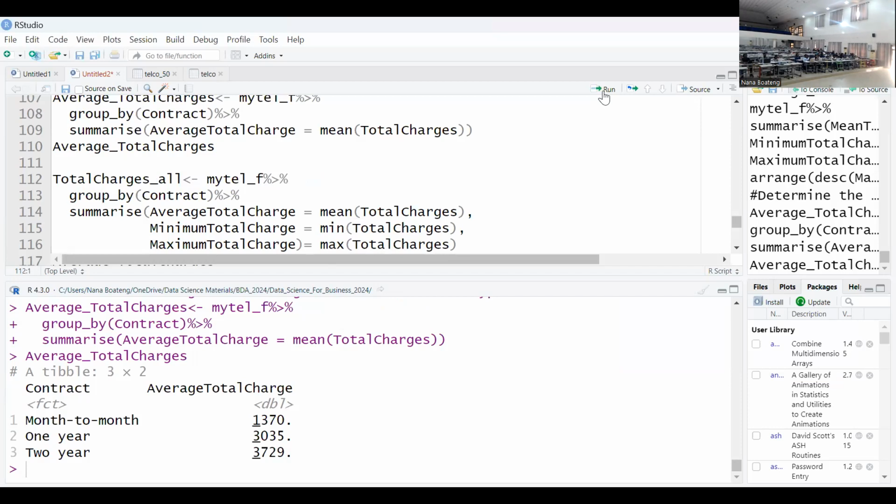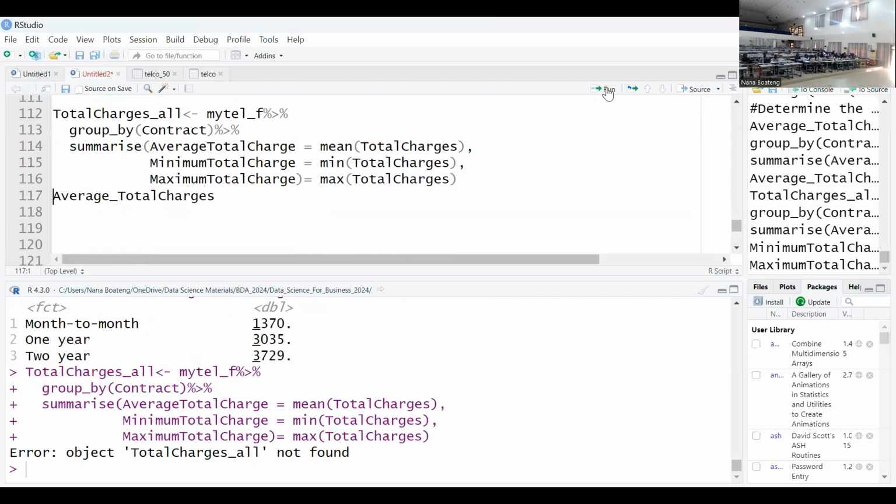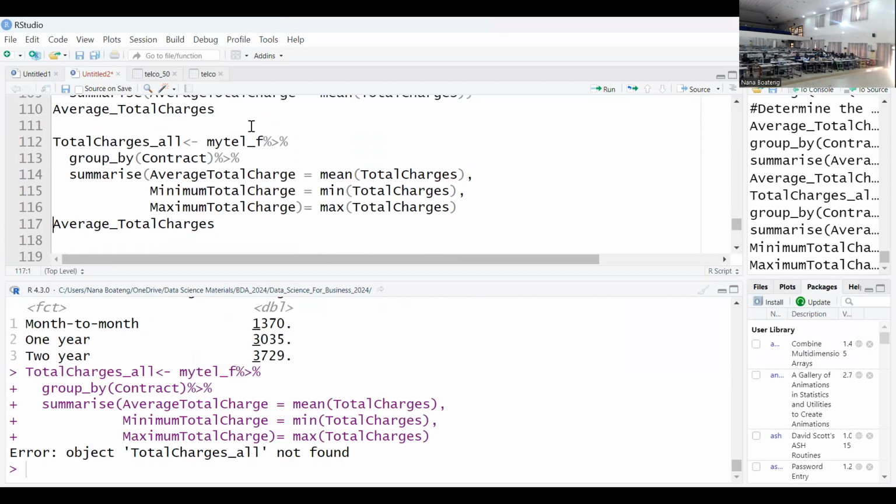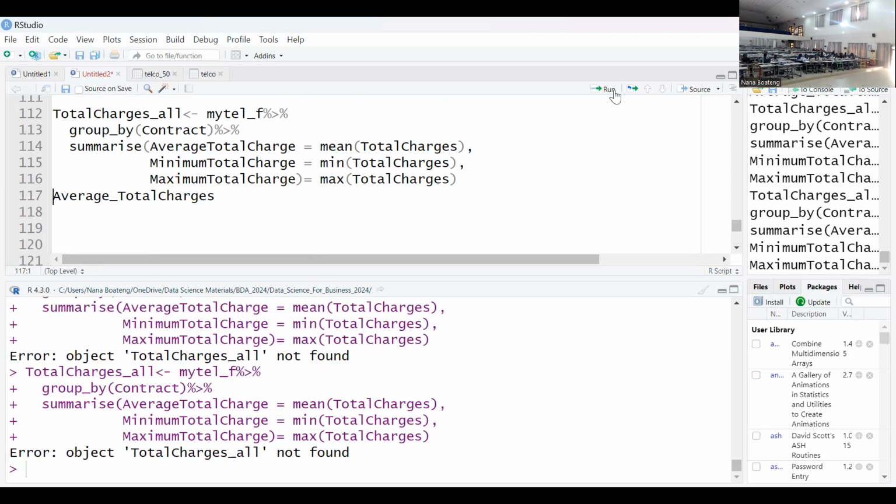So let's run this. Total charges all. It's a new name we are giving, so I don't know why it's giving us an error. Let's stick to this.